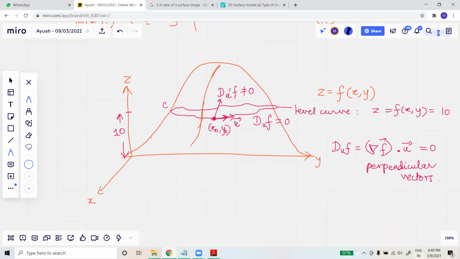Is it making sense? So the gradient direction will be perpendicular to the u direction. Wherever you are, u and gradient will be perpendicular to each other.